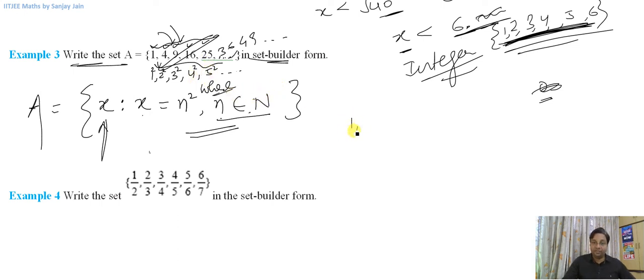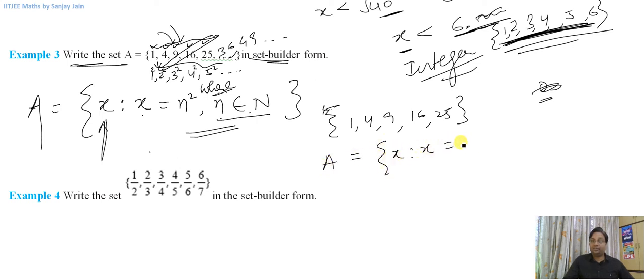If I have got the question like this: 1, 4, 9, 16, 25 and then these brackets, now I haven't got the dot dot dot here. Okay, for this I'll have a different answer. Let us say I would have got the answer like this: x such that x is equal to n square, where n belongs to natural numbers.